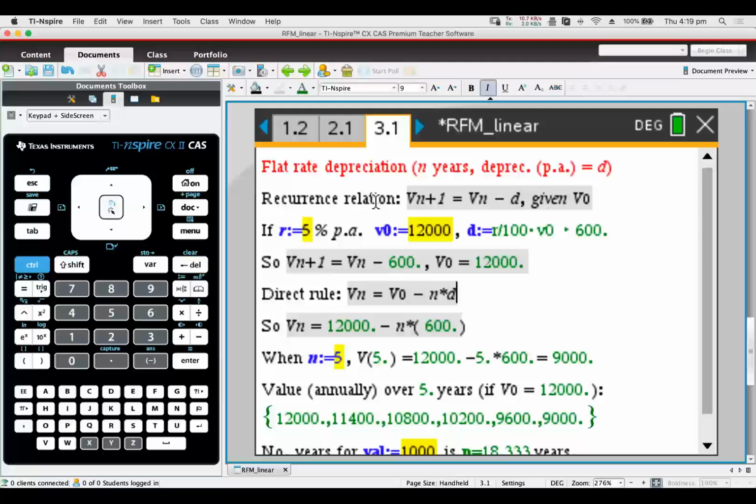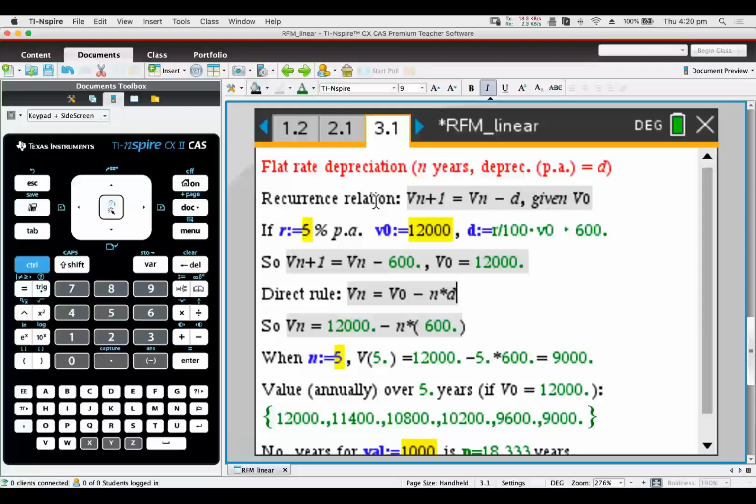Again, in the notes page, we've set up a thing for substitution. If you know it's 5 years, the direct rule will tell you that V of 5 is 12,000 minus 5 lots of 600, and that's $9,000. So after 5 years, that asset is now worth $9,000.